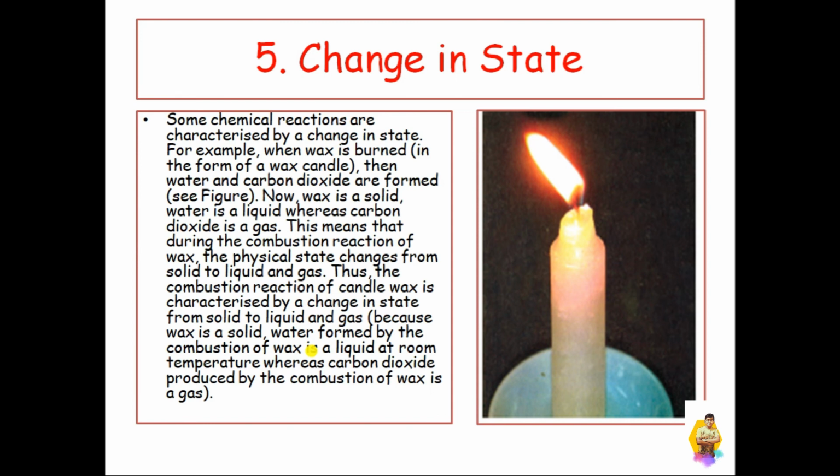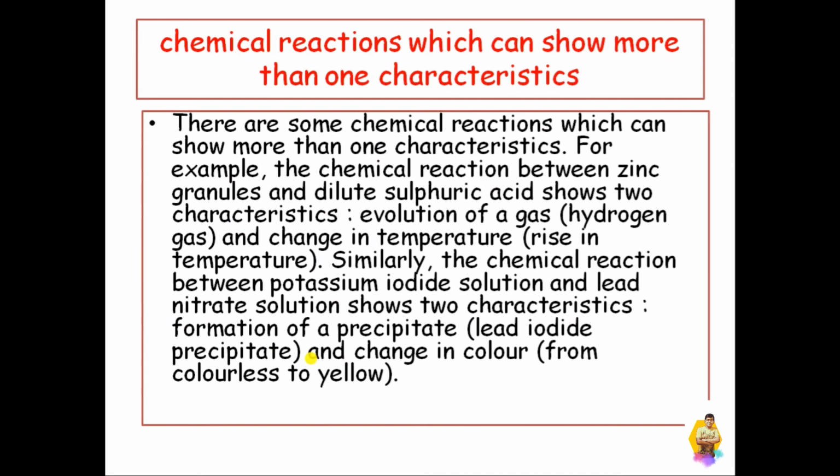So suddenly there is a change in the state. From solid it becomes a combination of liquid and a gas. The liquid is water and the gas is carbon dioxide. That is how we can say that during a chemical reaction a change in state can take place.